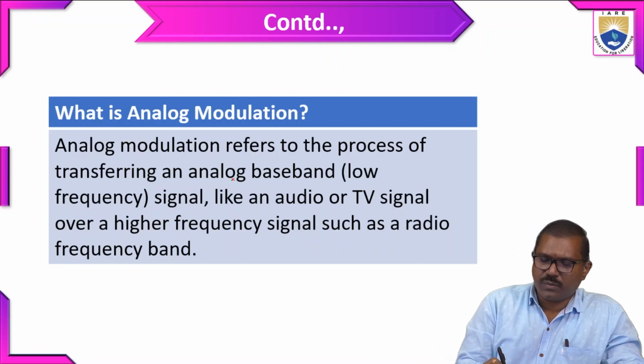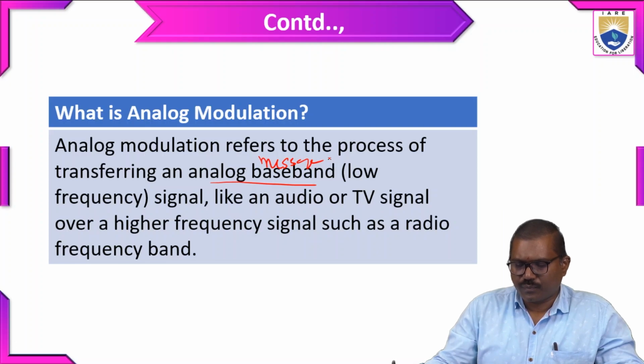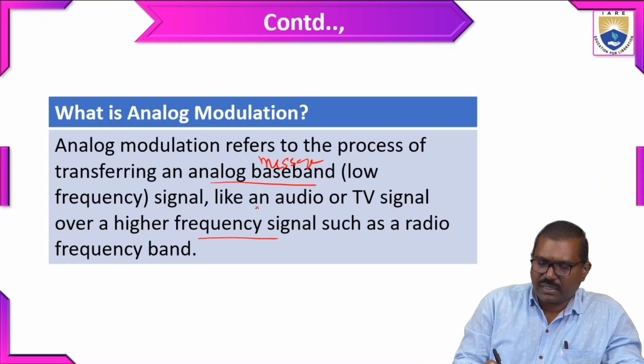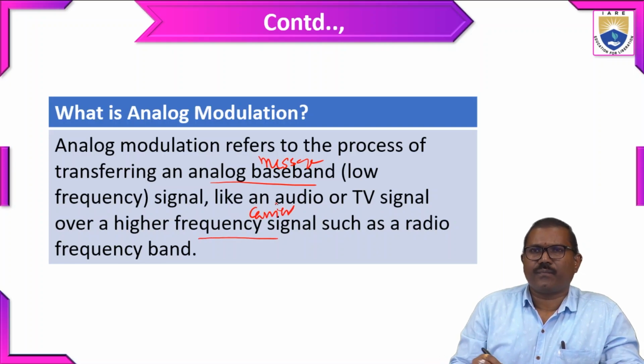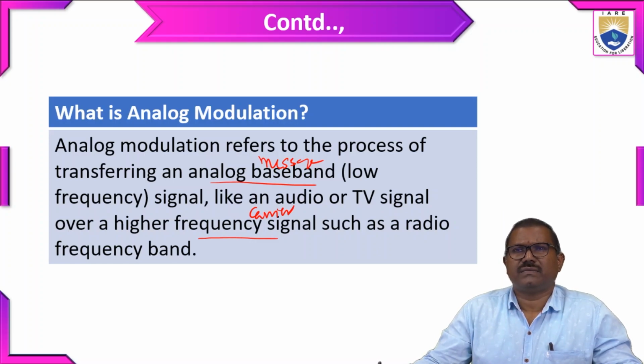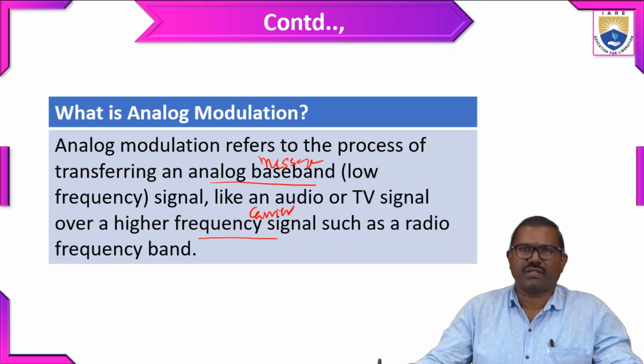Here, analog baseband means the analog message signal, over a high frequency, which is nothing but the carrier. So one is the message, another is the carrier. This process is called modulation. Here both are in analog form, so you simply call it analog modulation.